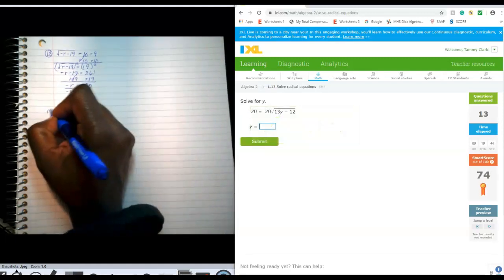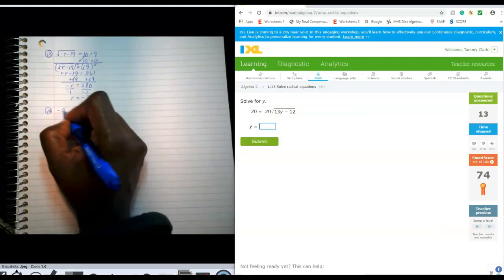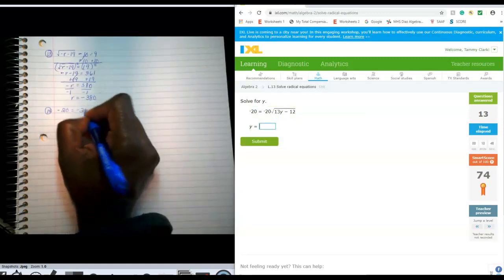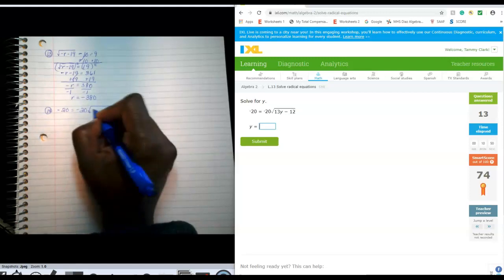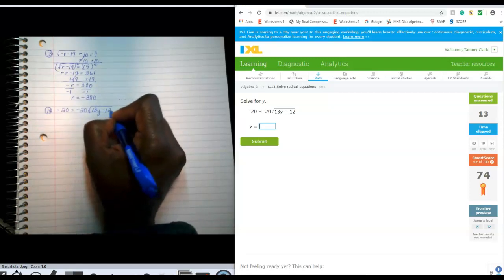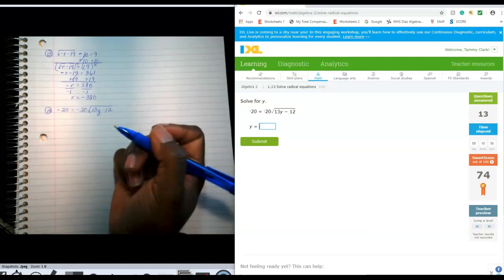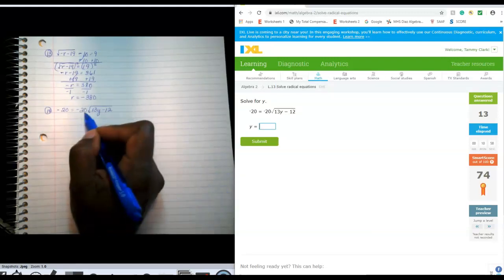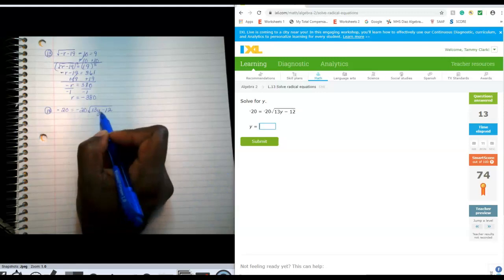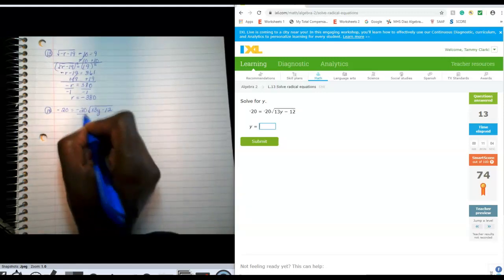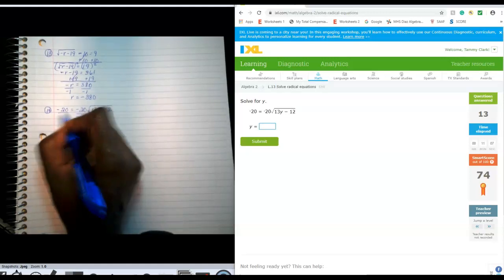Number 14, we've got negative 20 equals negative 20 times the square root of 13y minus 12. So first things first, we want to get rid of this negative 20, and we see that it's being multiplied by our square root of 13y minus 12. So let's just divide by negative 20.